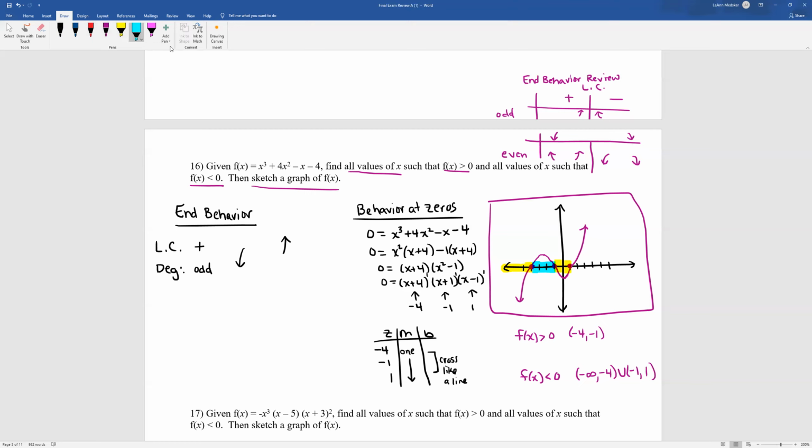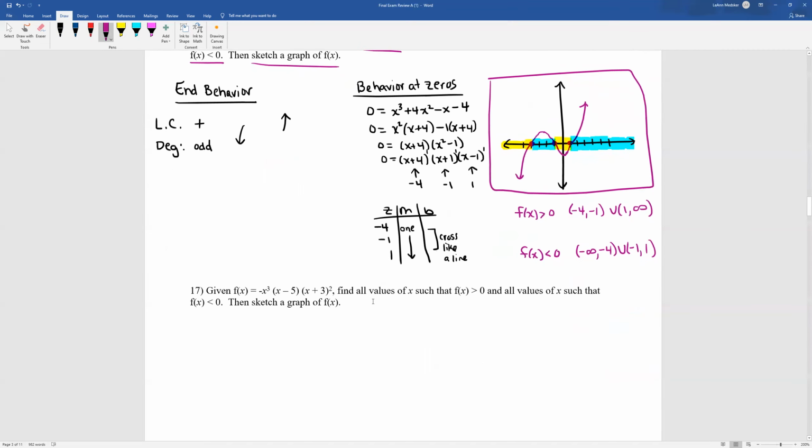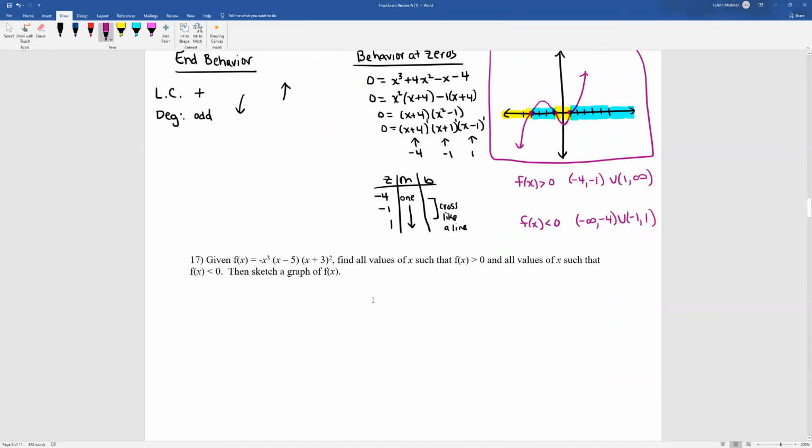And then for the remainder of the graph, from 1 on, my y values always come out as positive. So 1 to infinity. So these x values in those subintervals produce y values that are either positive or negative. And we do not use brackets on those answers because we are not including the equal to 0. So that's why the x-intercepts do not have brackets.